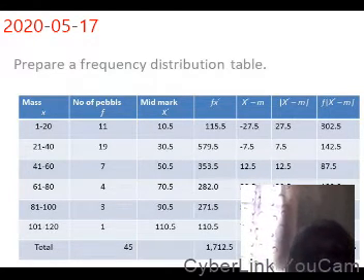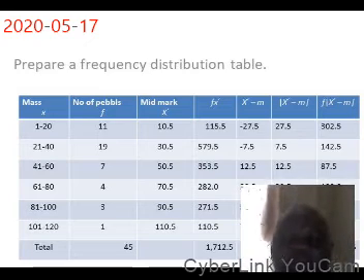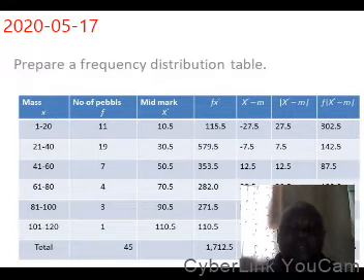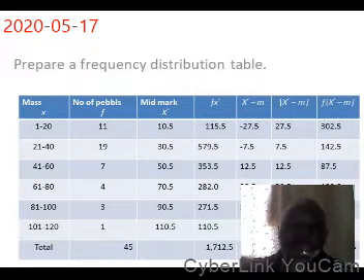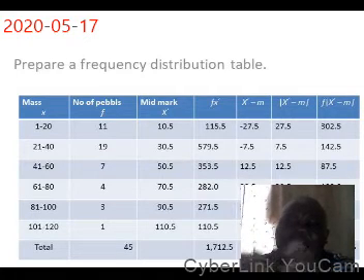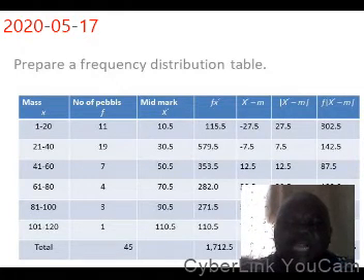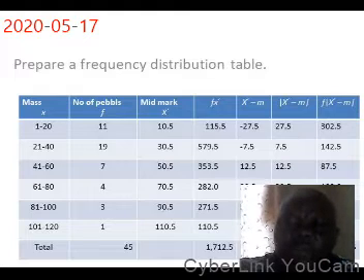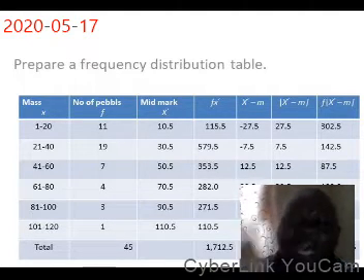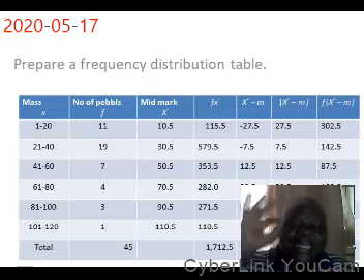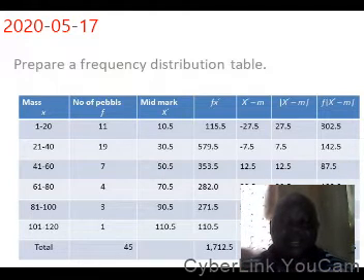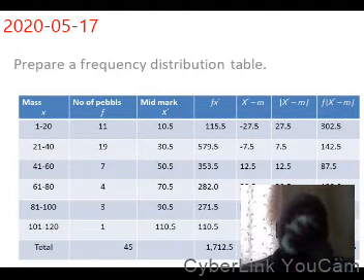In class interval, we have what we call class width. The class width here is 20. That is, between 1 and 20, we have 20 numbers. That is the class width.